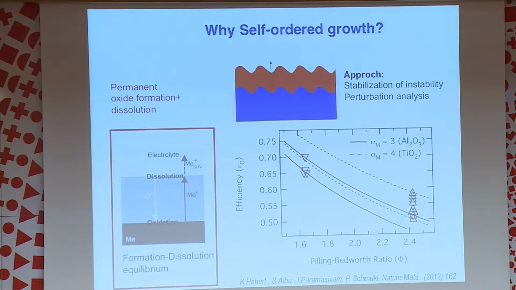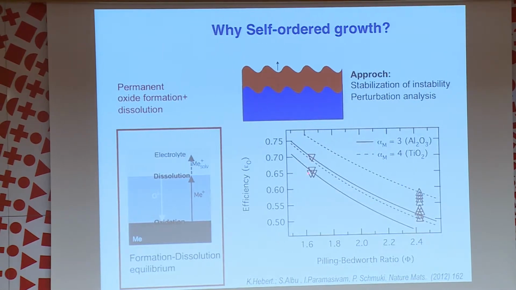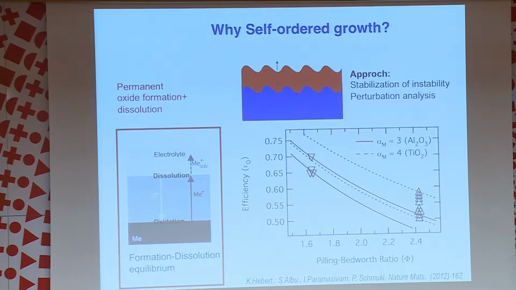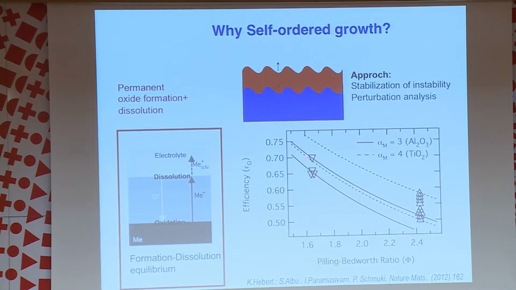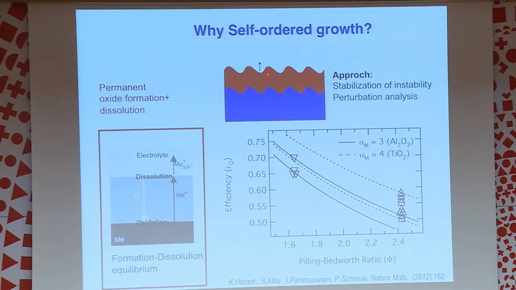You can see here the model predicts stability of such a corrugated interface for a certain range of dissolution. If you use this model for aluminum oxide, you get these points over here, the triangle, so between about 65% and 70% oxide growth efficiency, this situation is stable.